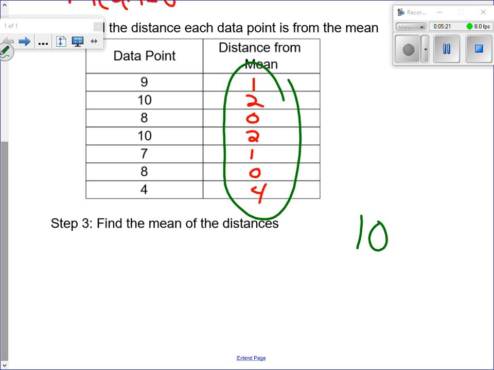And divide by the number of numbers. If you have a calculator, it's super easy. 7 goes into 10, what? 1 minus 7 is what? 3. Add a 0 here, bring it down. 7 goes into 30 how many times?